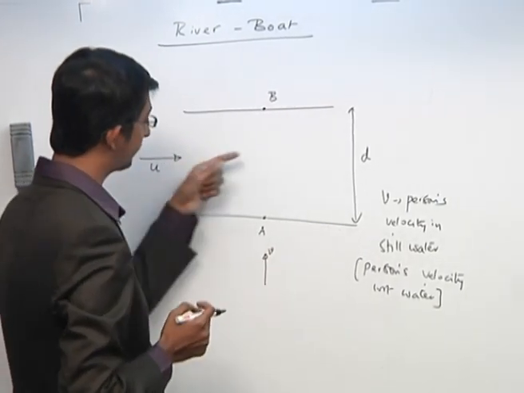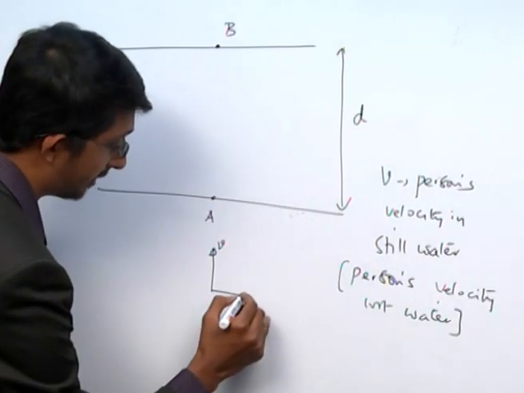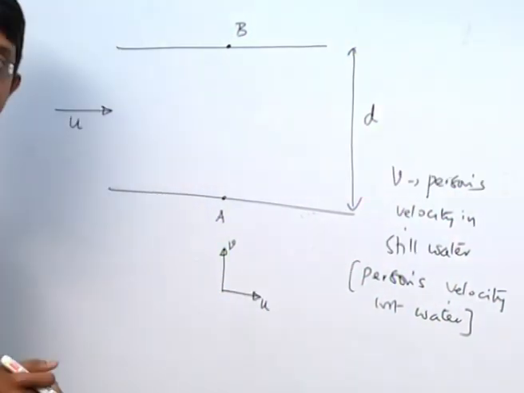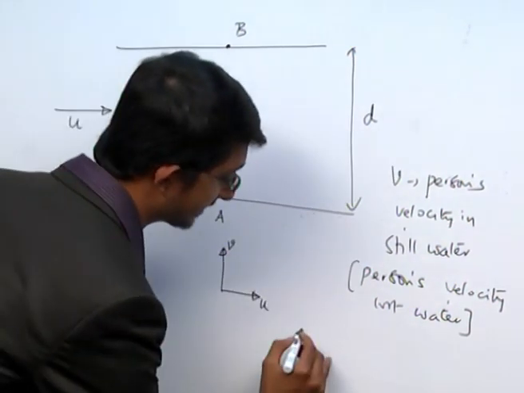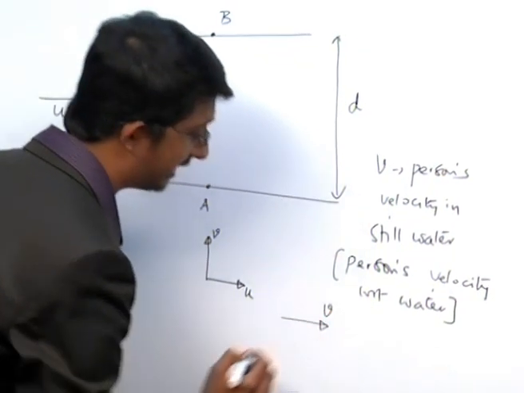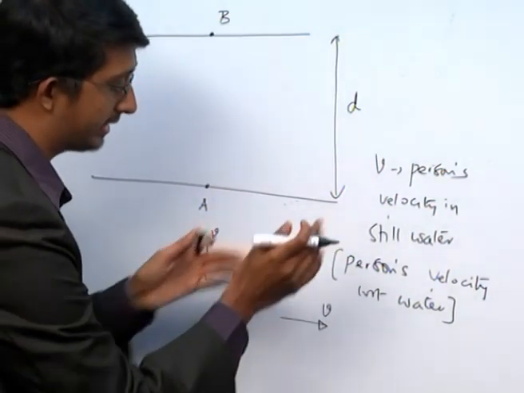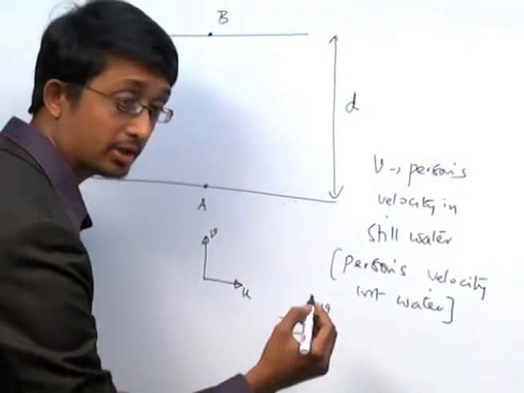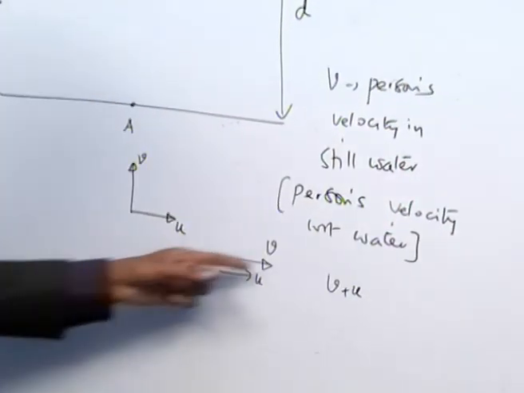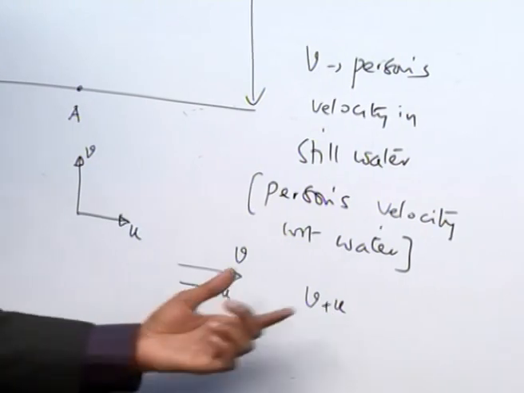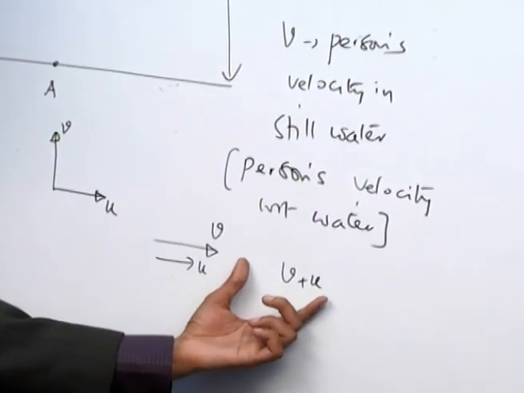If the river is also flowing, his net velocity will be the person's velocity plus the river's velocity. Suppose, as a simpler example, he is moving to the right with speed v and the river is also flowing with speed u. His net velocity will be v plus u in that direction. This is the velocity of the person with respect to ground.